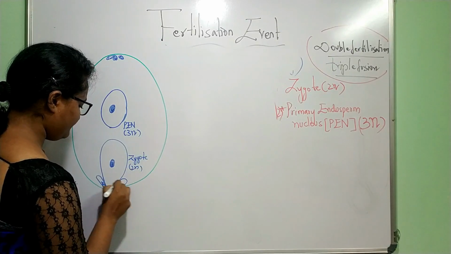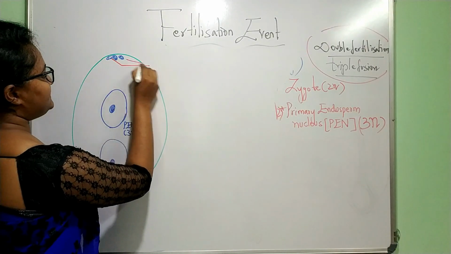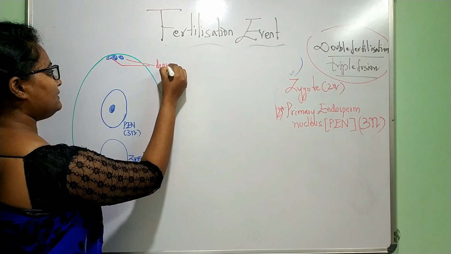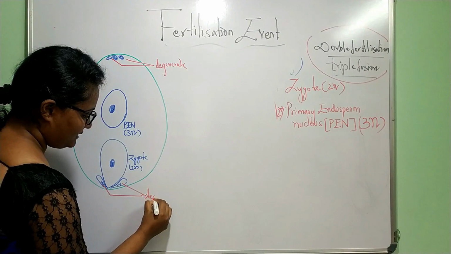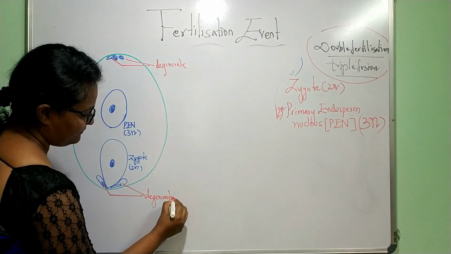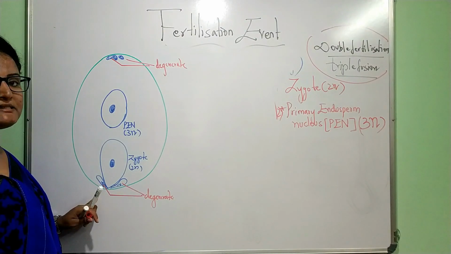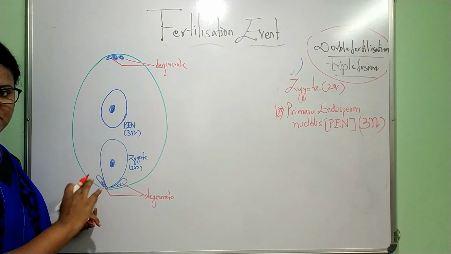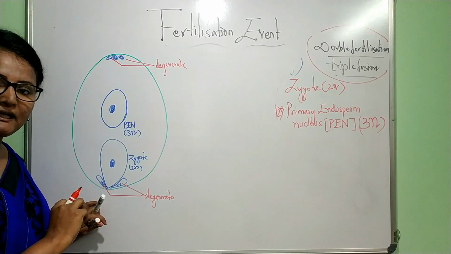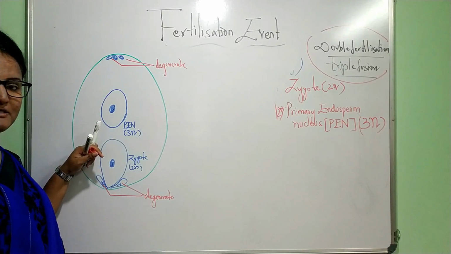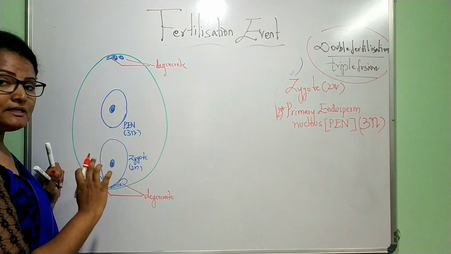What happens to the antipodal cells and synergids? After double fertilization and triple fusion, they degenerate. They completely vanish, and the only remaining things are the primary endosperm nucleus and our zygote.